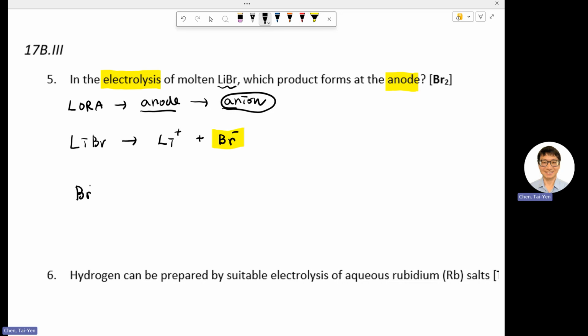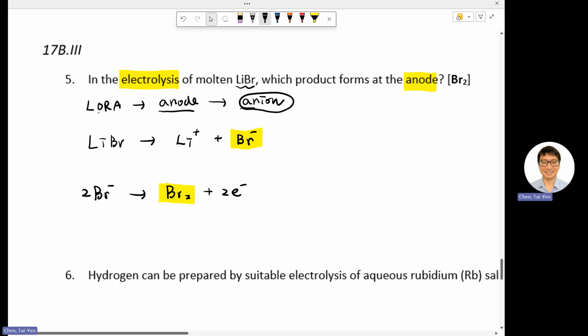Your Br- is going to undergo an oxidation reaction, so it gives out its electron. Once it gives out electrons, this is what happens, and this will be the product that forms at the anode.